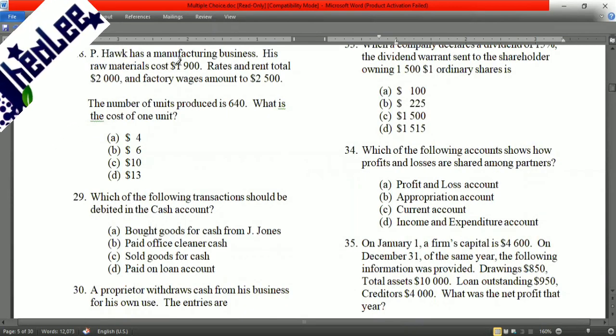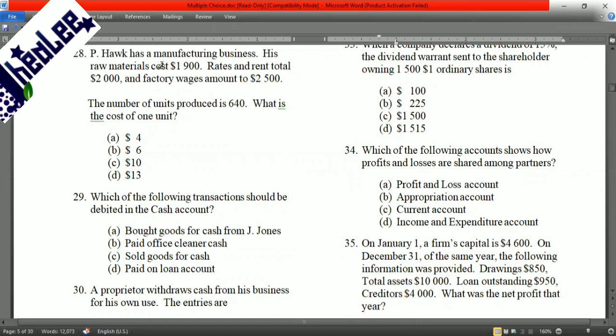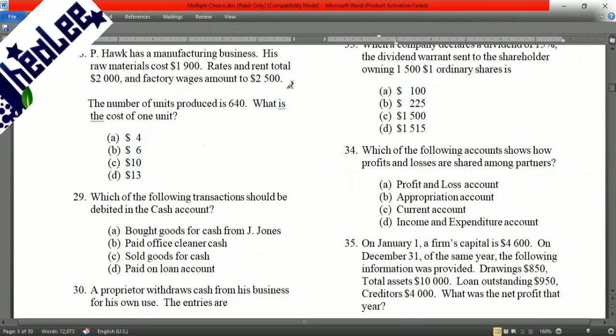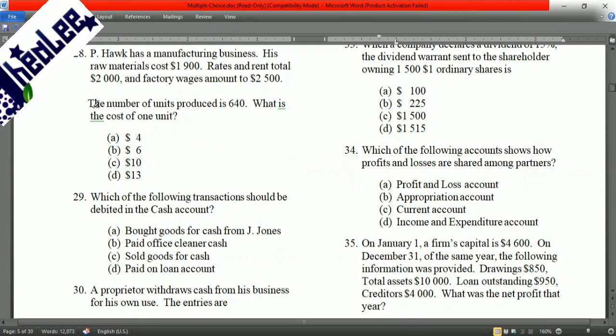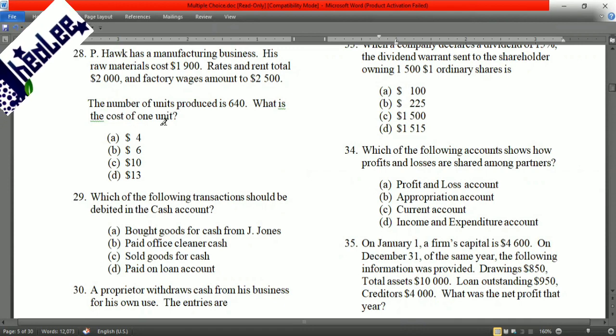POC, as a manufacturing business, has raw materials cost of 1,900, rent and rates total 2,000, and factory wages amounted to 2,500. The number of units produced is 640, and you are asked to ascertain the value to produce 1 unit.